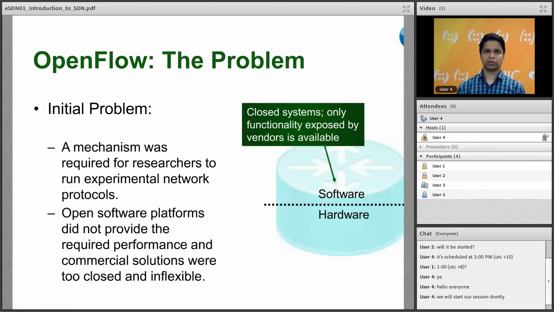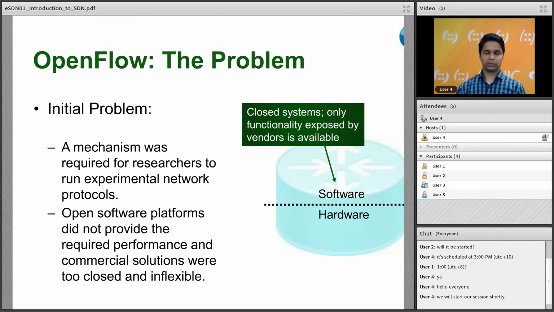Number one is an open software and hardware platform, such as an x86 PC or even specialized hardware such as NetFPGA, but these did not provide the required performance, scale or port density to do packet forwarding in a meaningful way.